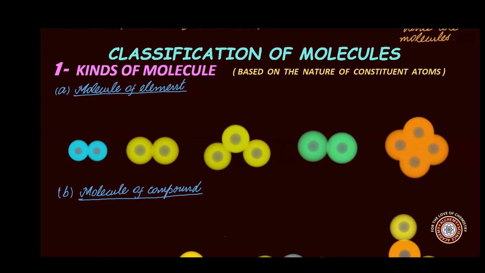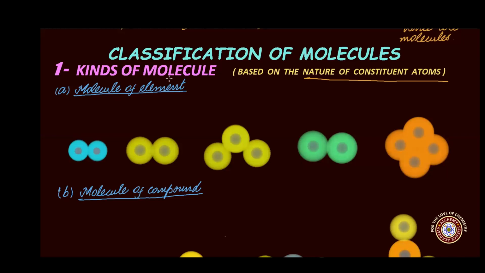Let us move on to the first classification, that is kinds of molecules on the basis of nature of constituent atoms. The constituent atoms are the atoms which are chemically combined to give rise to the molecules. On this basis, molecules are of two kinds. Number A, molecule of element, and number B, molecule of compound.